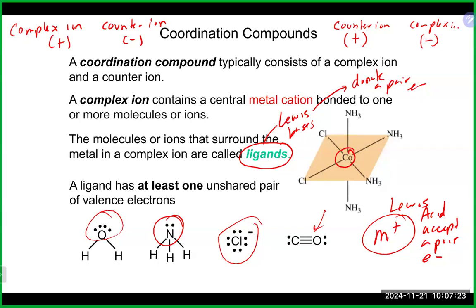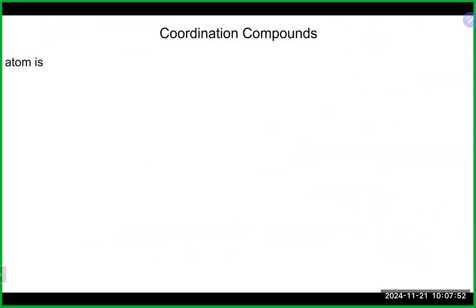For example, if we look at the cobalt in the middle, with a positive charge, it can accept electrons from the nitrogen in each ammonia. It will also accept electrons from each of those chlorides. All those are Lewis bases and are donating to the metal in the middle.